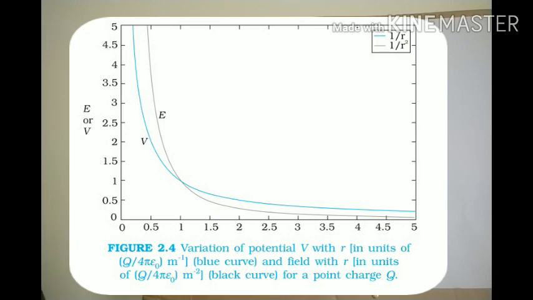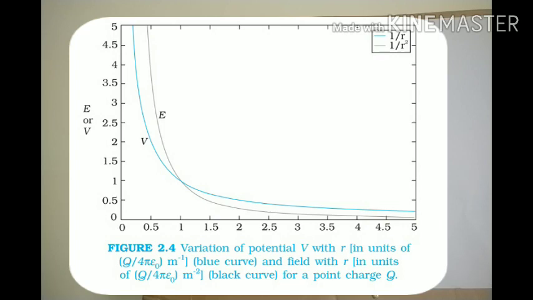If you remember, the formula for electric field is 1 upon 4 pi epsilon naught Q by R square, and the formula for electrostatic potential is 1 upon 4 pi epsilon naught Q by R. So you can see that electric field varies proportional to 1 upon R square, but electrostatic potential will vary by 1 upon R. So this graph gives the variation. If R is equal to 1, you will see both the values are similar. We are talking about numerical similarity.